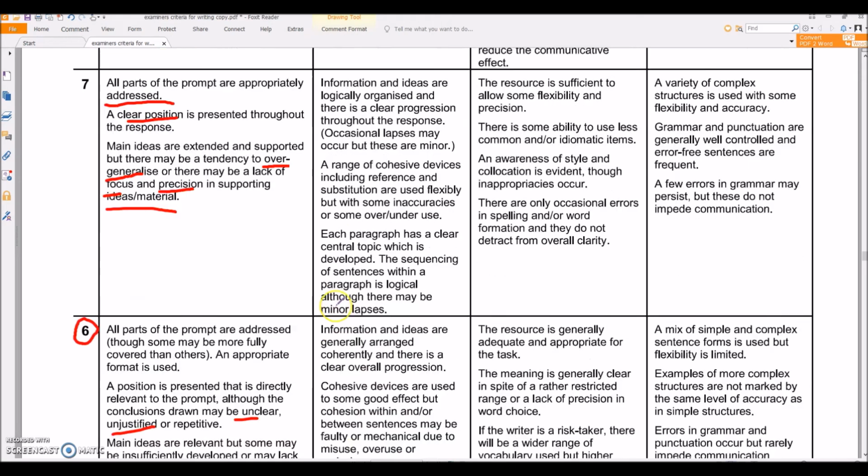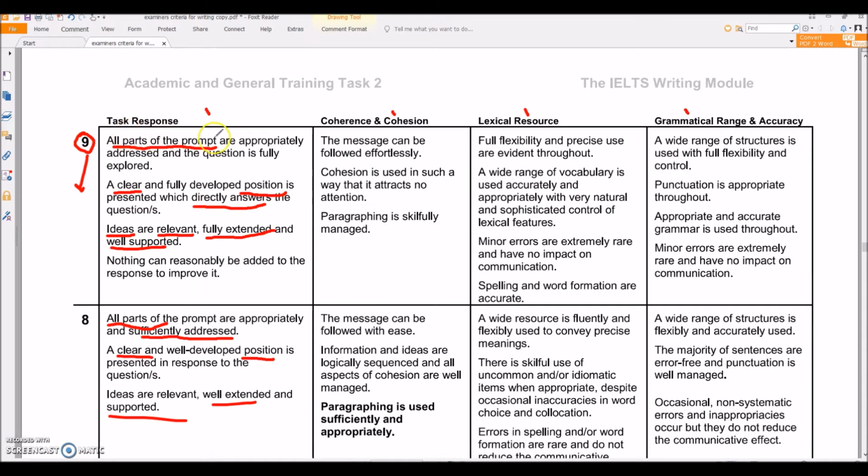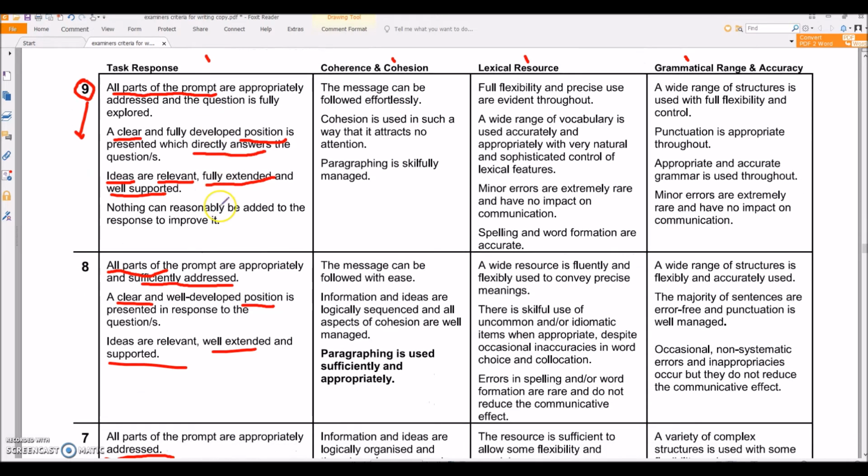Go back to the criteria again. So we addressed all parts of the prompt. Cards, personal debt, what's the problem, how can it be solved? We had some good ideas. The ideas were, well, for the first one, the idea was that it's easy to get in debt because people often take one card to pay off a second card.